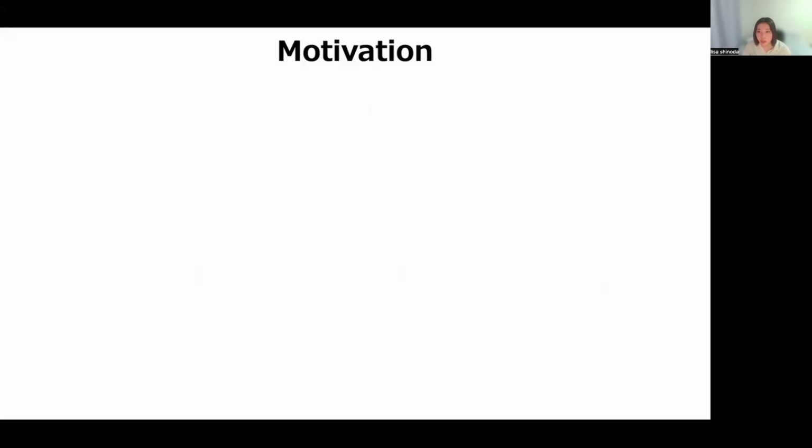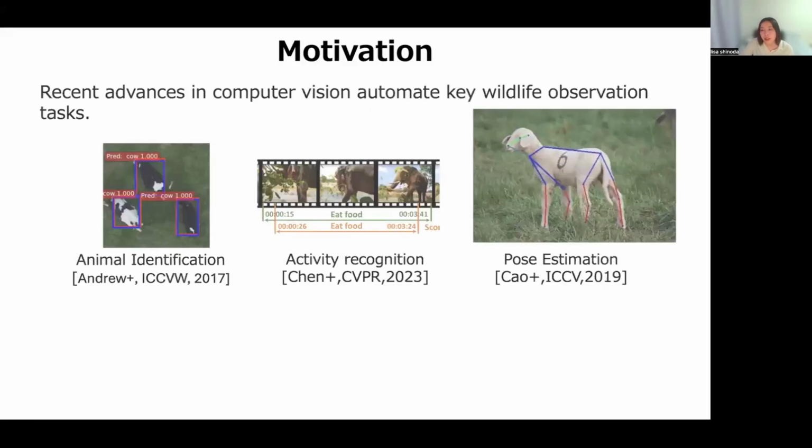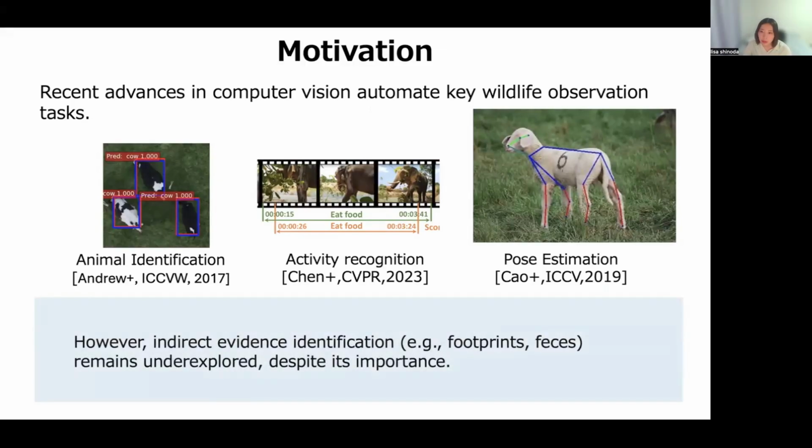Recent advances in computer vision have greatly contributed to automating key wildlife observation tasks, such as animal identification, activity recognition, or pose estimation. However, identifying species from indirect evidence like footprints or feces remains relatively underexplored, even though it plays an important role in wildlife monitoring.